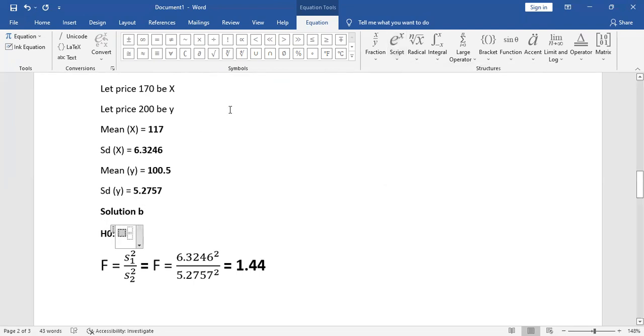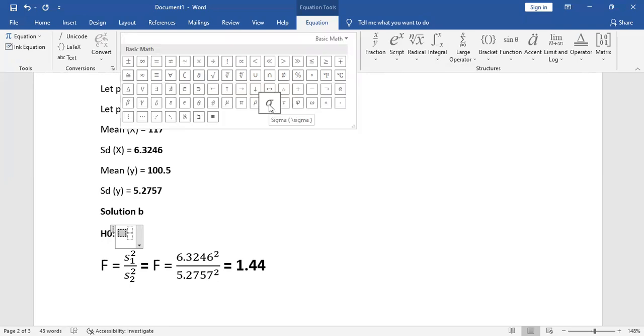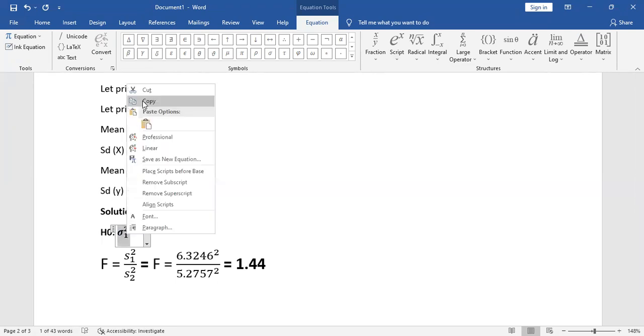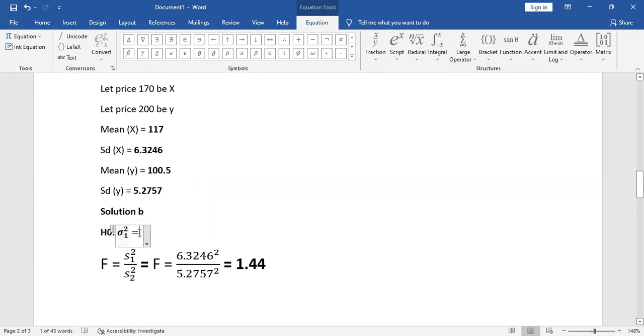The symbol is this one, for standard deviation. Now when you square the standard deviation, it becomes a variance. So this is variance 1, should equal variance 2. So standard deviation squared gives us the variance.